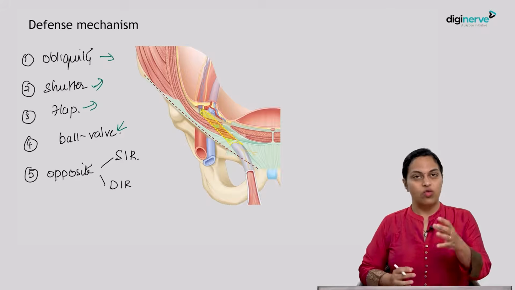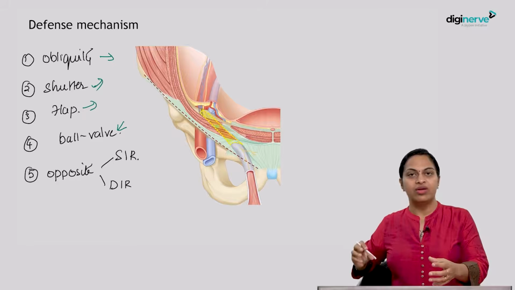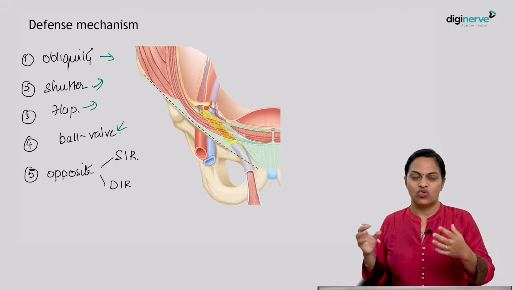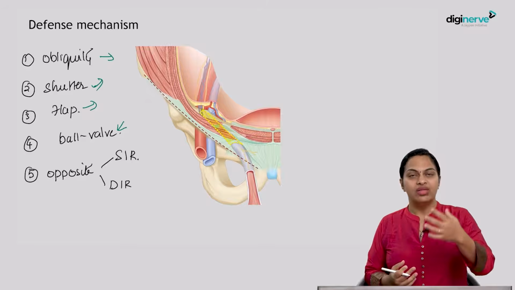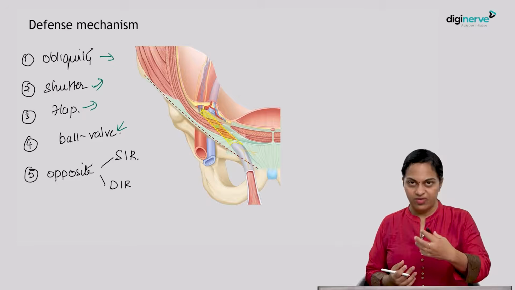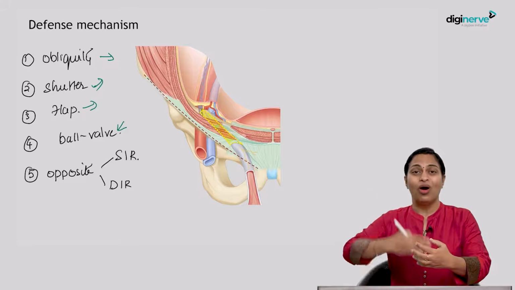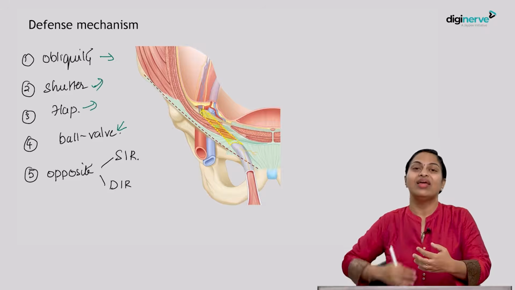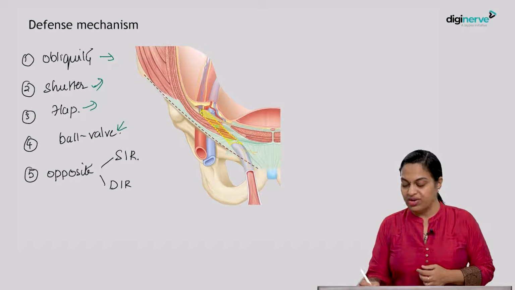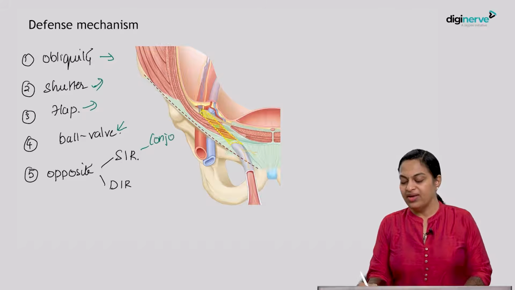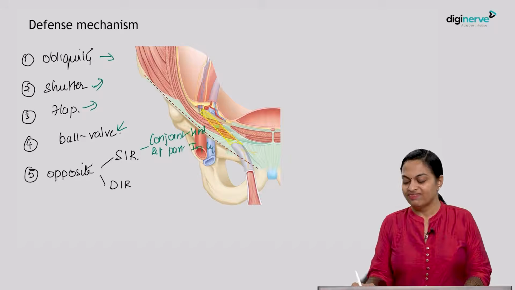The superficial inguinal ring and deep inguinal ring are defects in the aponeurosis, or layer, of the anterior abdominal wall, right? Where the superficial inguinal ring is present, the posterior wall of the inguinal canal in that area is strengthened by the presence of the conjoint tendon and the reflected part of the inguinal ligament.